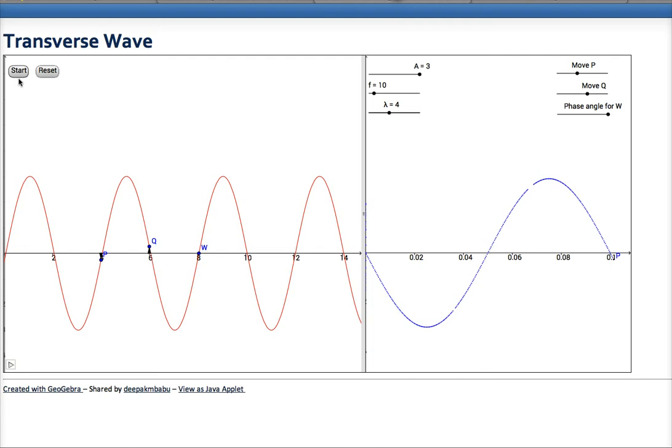How much time has it taken to move that 4 meters? 0.1 seconds. Therefore, what's its velocity? What is the velocity of the wave? 40 meters per second. Isn't this the same value we had got when we'd used an amplitude value of 2?